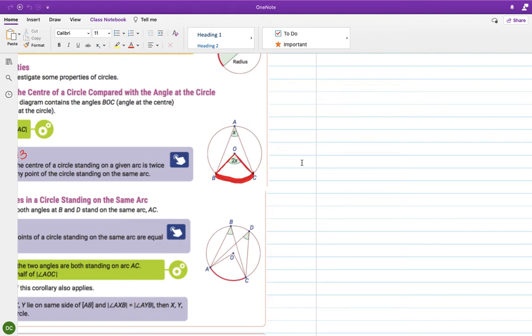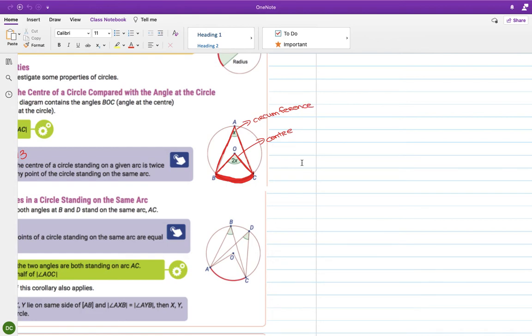Yeah, what we have there is a sector of the circle, and its pizza crust is the same as the pizza crust for that angle. It's just that one of them stops at the center and one of them continues to the circumference.